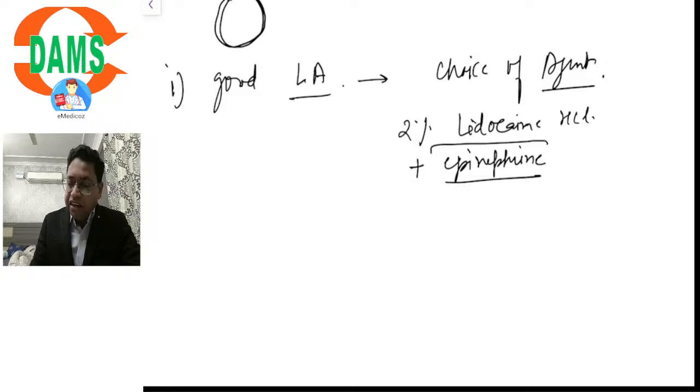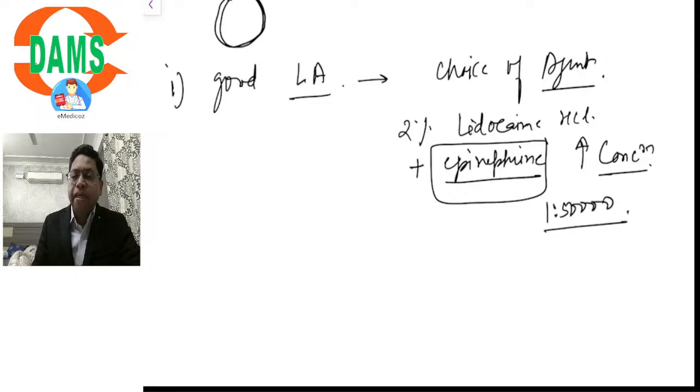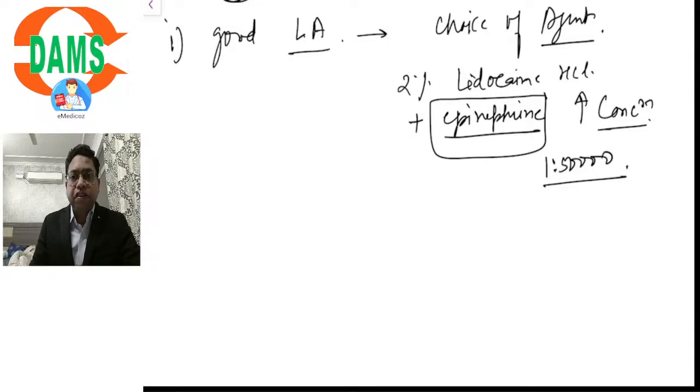This epinephrine should have a higher concentration in the ratio of 1 is to 50,000. This is a significant difference from local anesthetic employed for other procedures like doing root canal therapy, etc. In surgical cases, we have to use a higher concentration of epinephrine that is in the range of 1 is to 50,000.